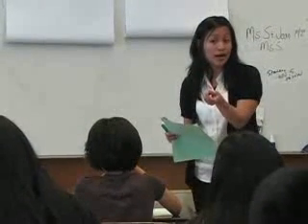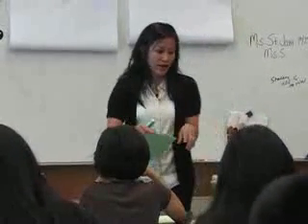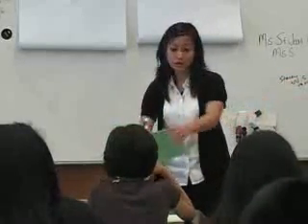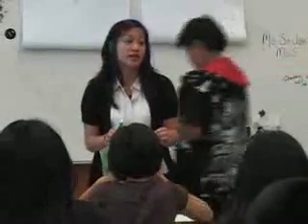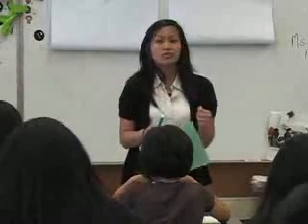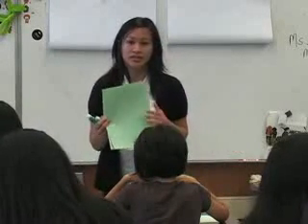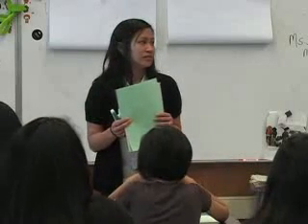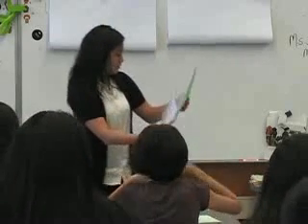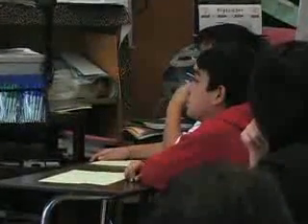Okay, so we can multiply it, but if I took this room, or this desk, and wanted to measure the area, what would I be doing other than just multiplying the length and the width? Brandon? Finding out what the length and the width are. Okay, and then what would you do? Alex?